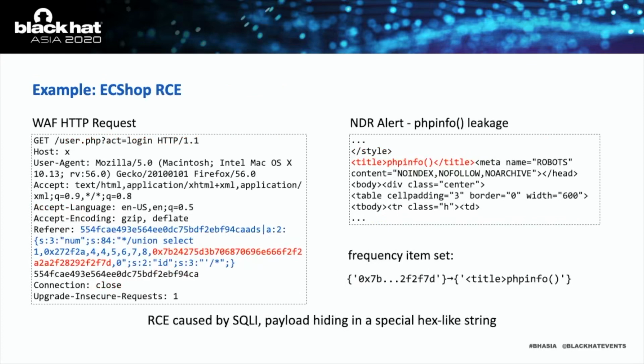Furthermore, some special encoding methods and combinations of utilization methods can also be solved by this method. As before, we established the connection between the referrer data and endpoint alarm data by constructing the frequent item set.